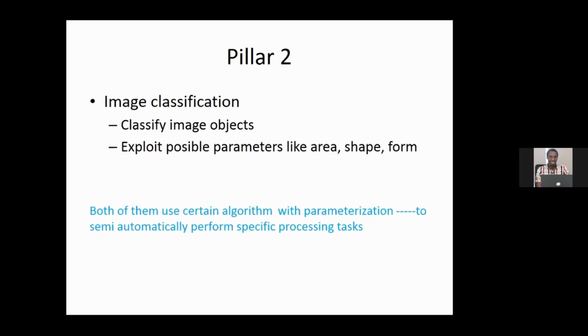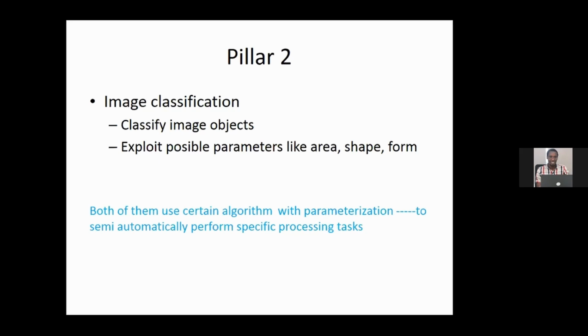When you classify without using these parameters, what you're doing is basically a sample-based classification on the image objects. But to make the classification better, to get rid of misclassifications, or to delineate even higher-end kinds of classes, you should utilize characteristics like shape and form.